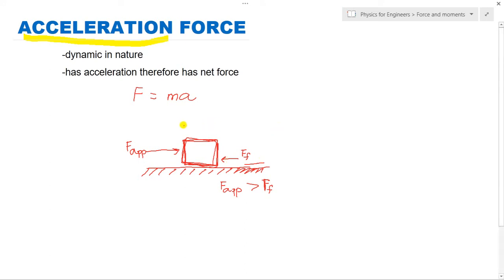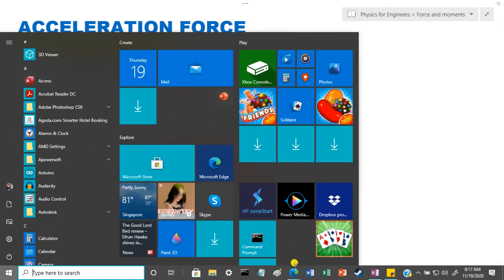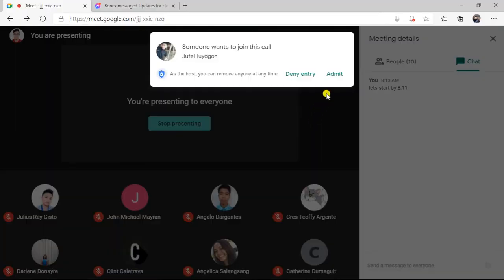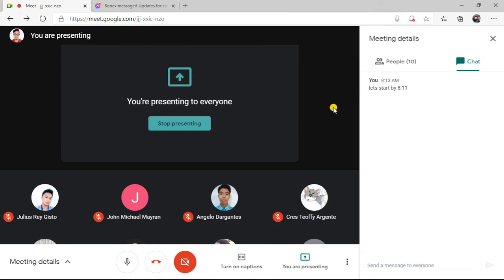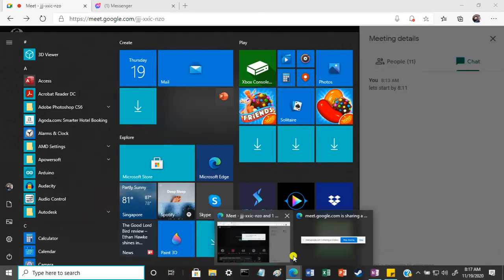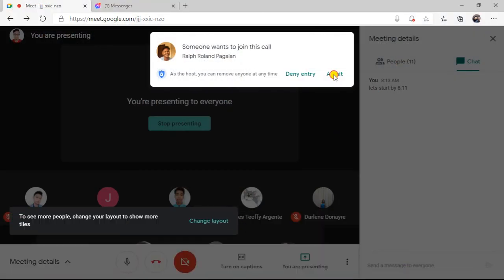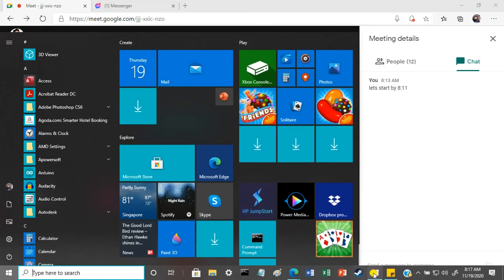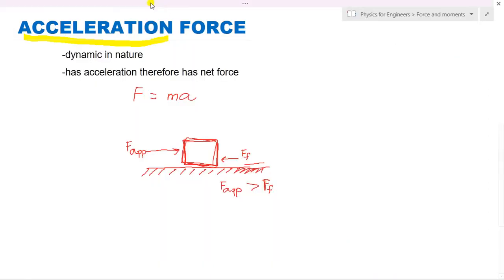So if the object moves, therefore we have motion, and since the applied force is related to our acceleration by Newton's law, therefore we have an acceleration here. But the challenge is the direction of our acceleration.